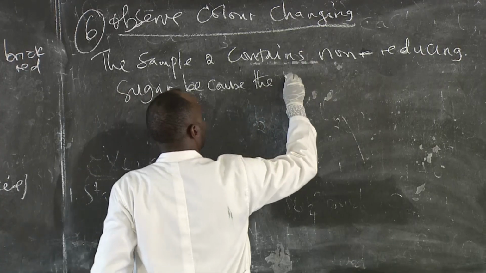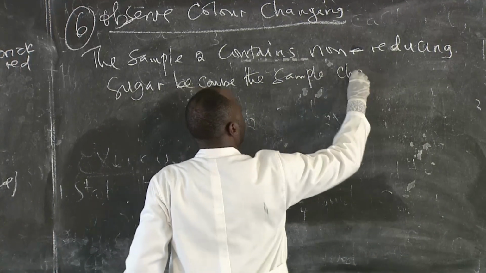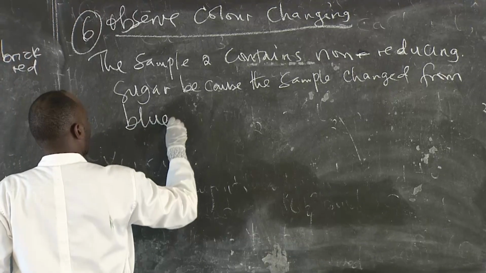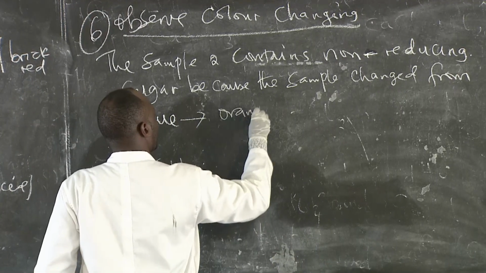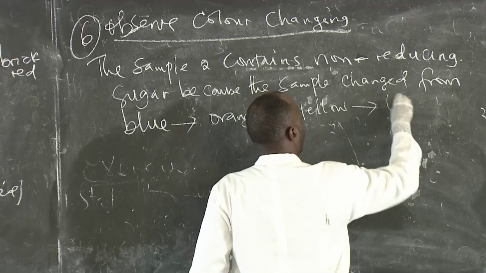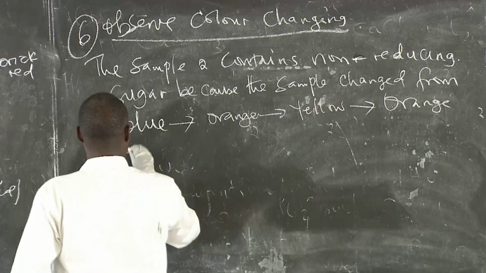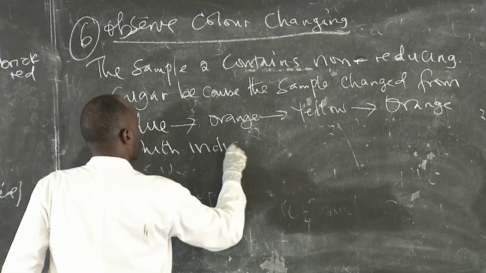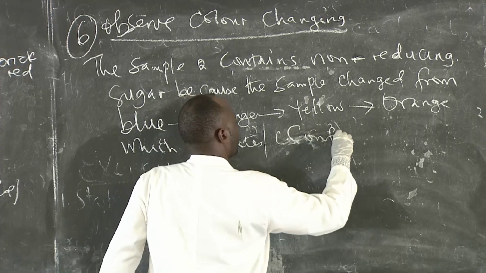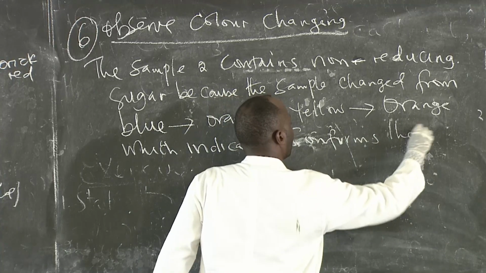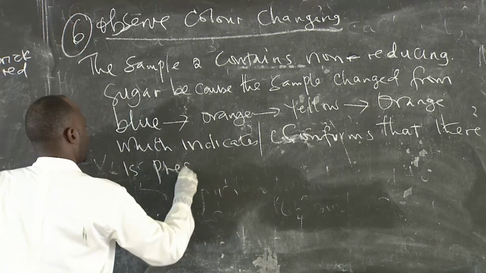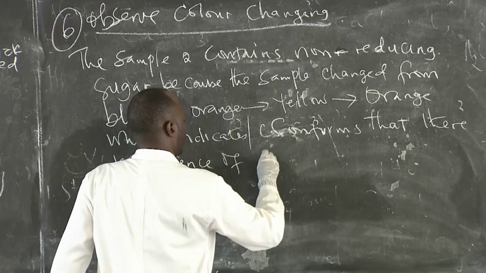the sample changed from blue to orange, and then to yellow, then finally to orange, which confirms that there is presence of non-reducing sugar.